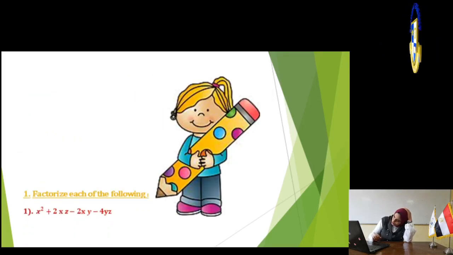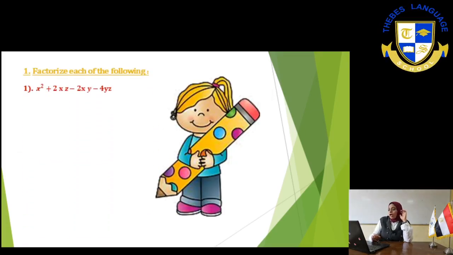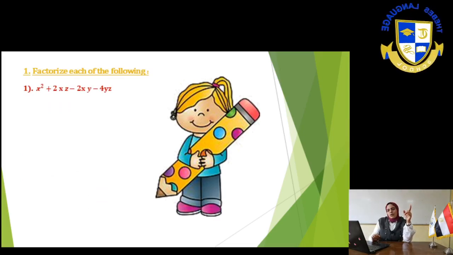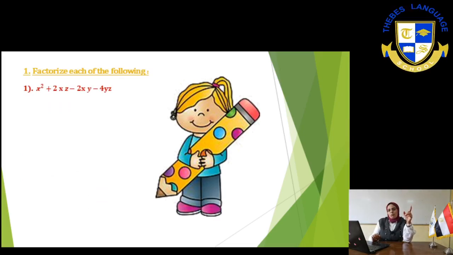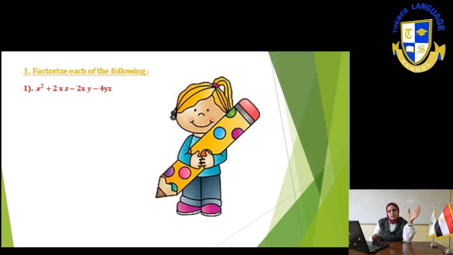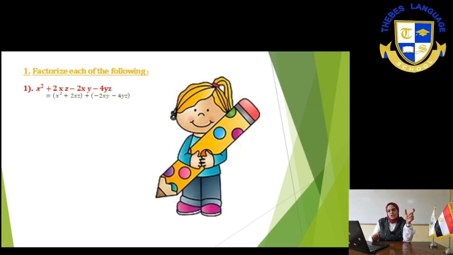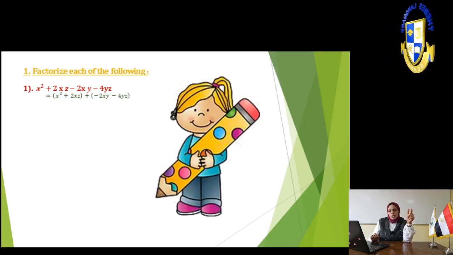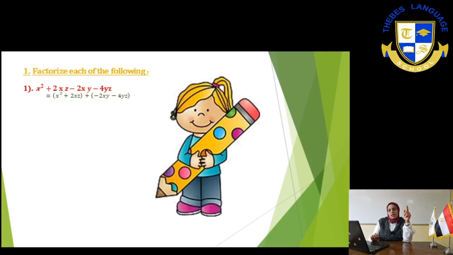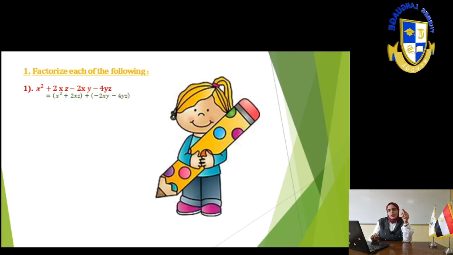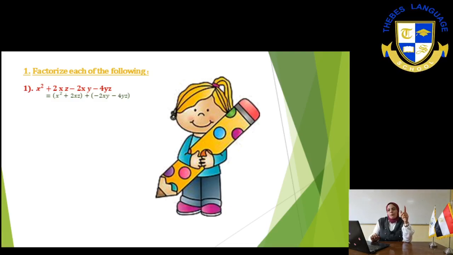Factorize each of the following. Number 1, x power 2 plus 2xz minus 2xy minus 4yz. We will divide the expression in two brackets, which is x power 2 plus 2xz, plus negative 2xy minus 4yz.